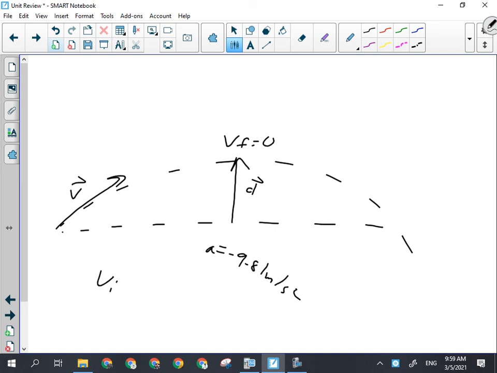Once I have VI, then I would have this side of the triangle. They would probably also have to tell me how far it went so I could get V horizontal, or I'd have to know what the angle was, one or the other, so that I could get the hypotenuse. As long as I had two sides or a side and an angle, I'd be able to get that.